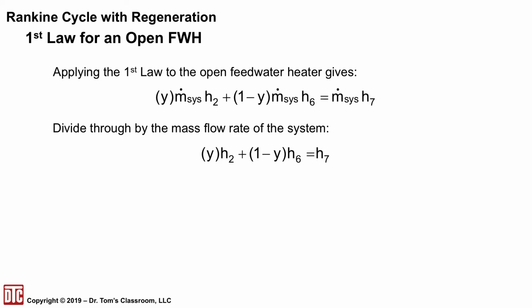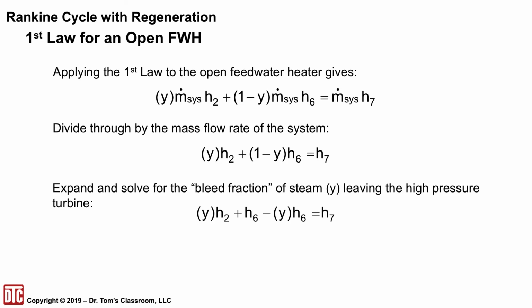Okay, so we can divide through by m system to get just the enthalpies in the y and 1 minus y. Now you can expand that and get an expression for the bleed fraction y for the flow leaving the high pressure turbine. If you take the second term there, you've got a 1 times h6 and a y times h6, so you've got y times h2 as the first term, and h6 minus y times h6 equals h7.